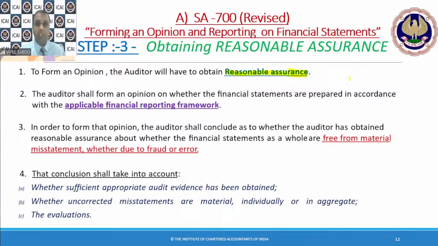Something which is subjective, not like an MCQ. Okay, A, B, C, or D. C, no reasons. It is C. No. Reasonable. It is not absolute assurance. Reasonable assurance that he can prove with reasons. He has reasons to believe that.